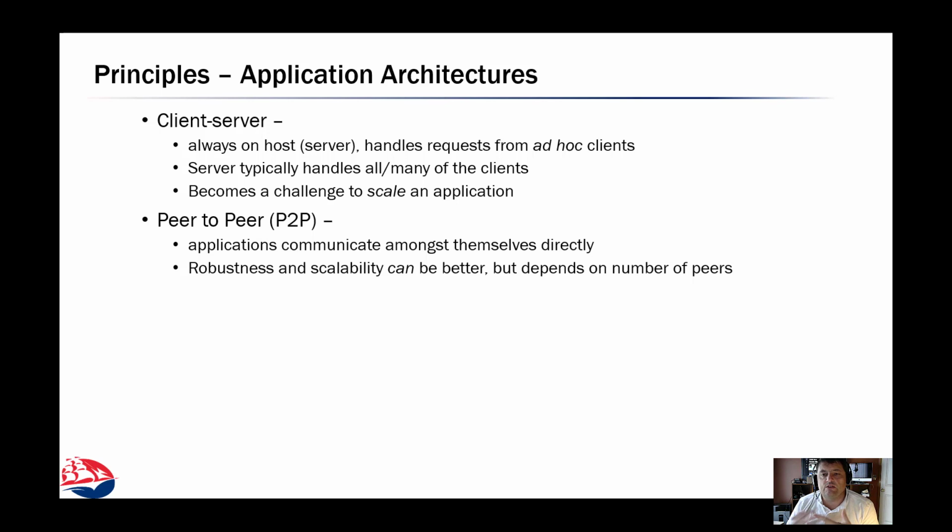So, even these big companies now are starting to embrace peer-to-peer for certain niche applications. There are some challenges with peer-to-peer, and we'll take a look at that in some upcoming slides. But just understand that at that interface between the application and the transport layer, which is what these are all about, how a client server looks at the transport layer is very different from how a peer-to-peer environment would look.